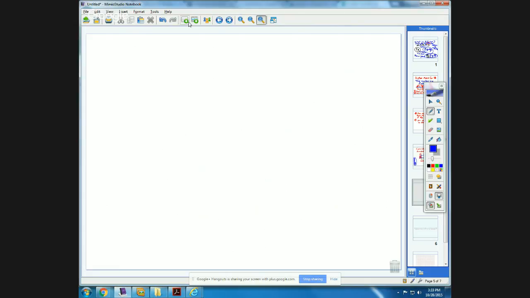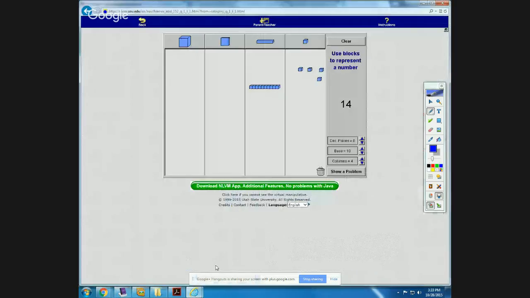So let's pick a more complicated one. Let's suppose we're going to start working with multi-digit numbers. So let's suppose I have 14 and I want to add that to 28. So that shows 14 plus 28 right there. If I hit that button enough times, I think I did.